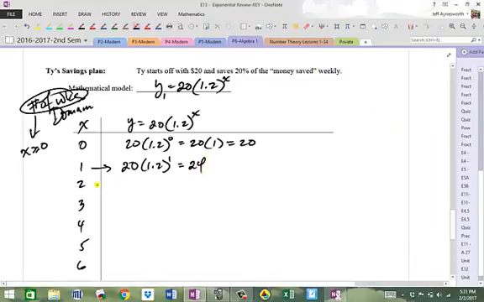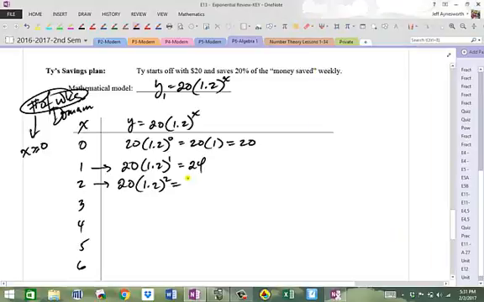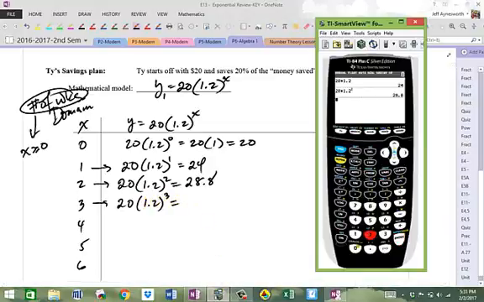And then 20 times 1.2 to the second power. Let's get a table of values going here. So 20 times 1.2 to the second power. Boom, 28.8. And then we've got 20 times 1.2 to the third power.